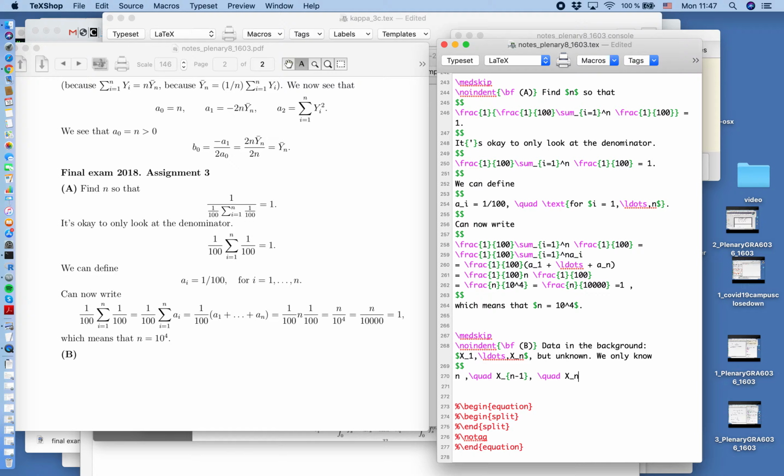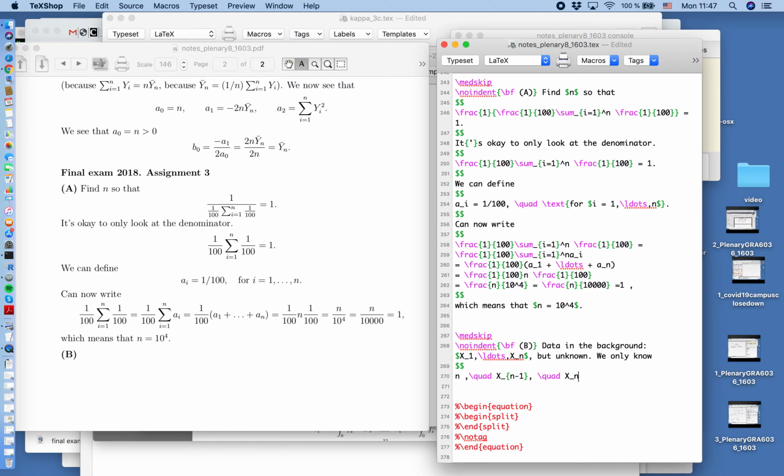And then we can use the definition of a sum to see this more clearly. So we have x1 plus dots all the way up to x n minus 1 plus x n, the last observation. The reason for writing it like this is because these two numbers we are given.